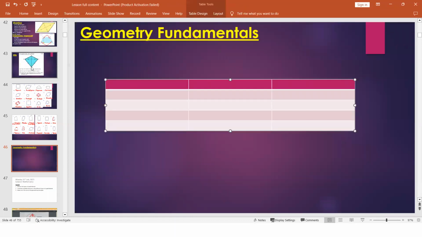Okay, so the first one we're gonna start off with: here we're gonna have the name. So the first box is gonna have name. The next one is gonna have symbol. And the next box, let's call definition or description.